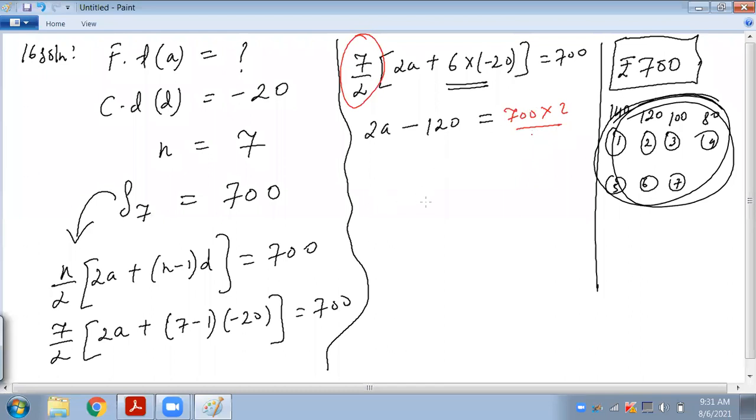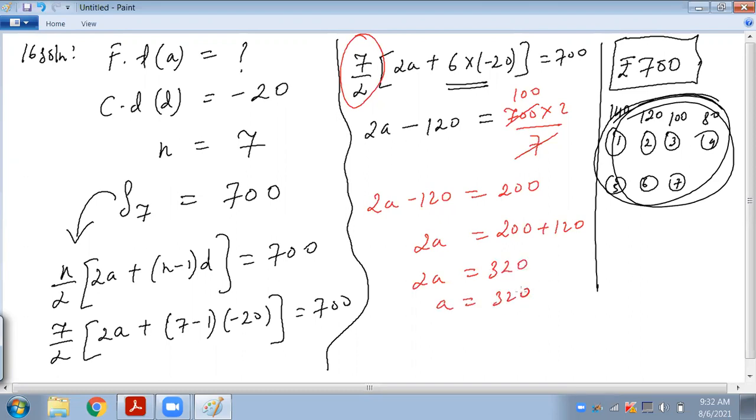So 2A minus 120 equals 100 into 2, which is 200. Now again, we are going to find A. The term without A, take it to the other side. So 320. A will be 320 by 2. So A is coming out as 160.